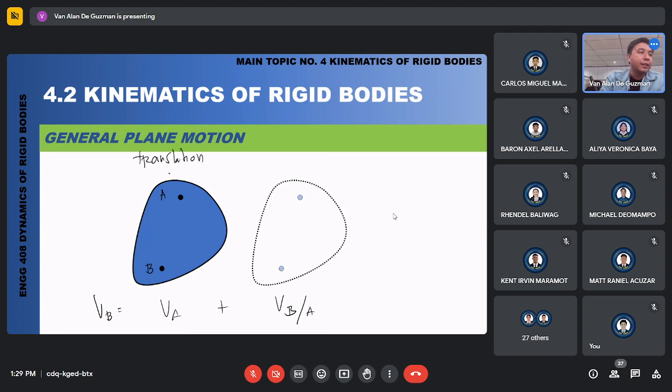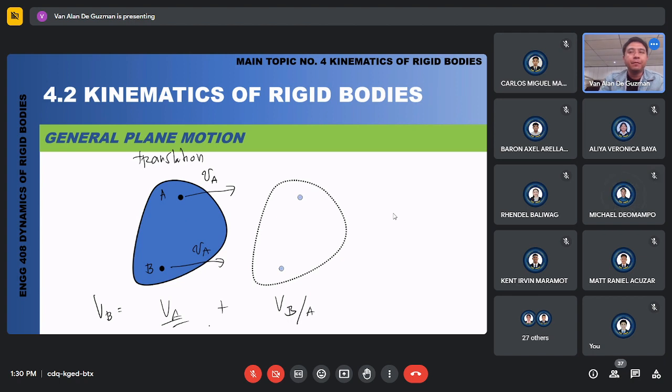Pinakita natin kanina yung motion natin from left to right. Ito yung naging translation natin, velocity ng A. This one, supposedly velocity ng B, pero translation siya, equal lang siya dito. Velocity ng A. Ganun lang kasimple. Yun lang yung susulat nyo. Okay?